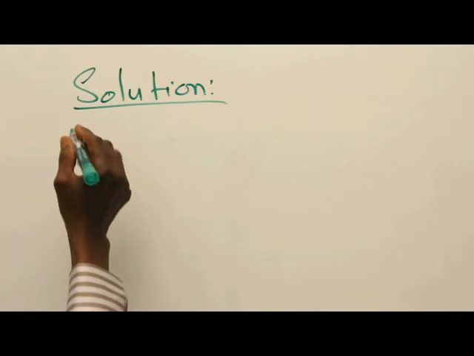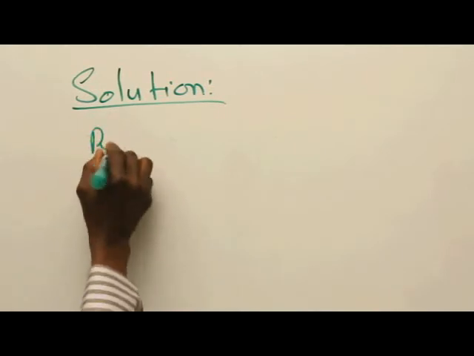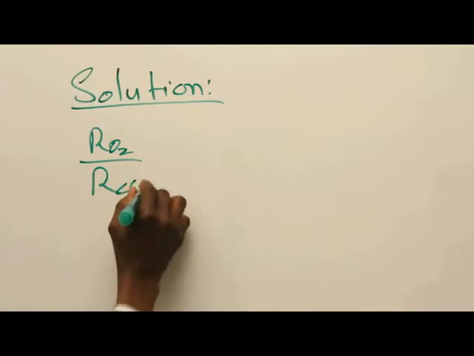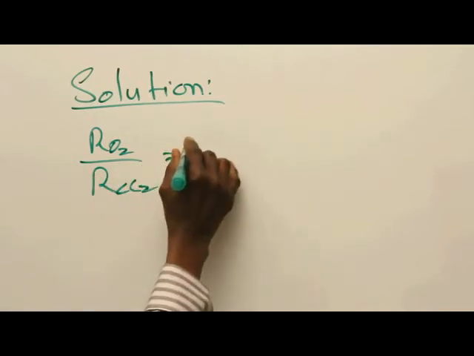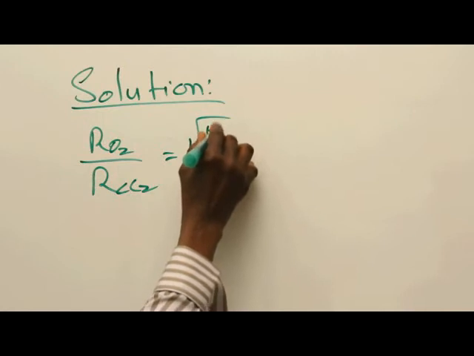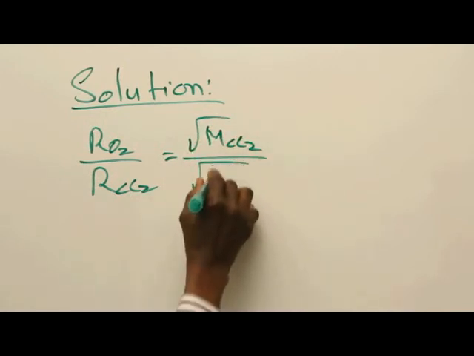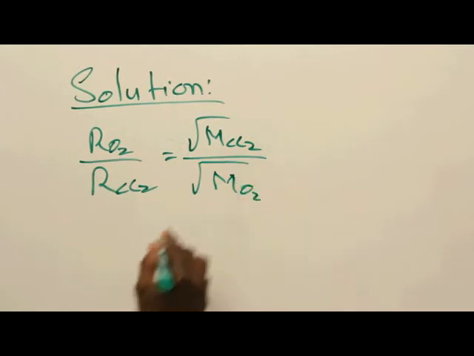Now, make use of the formula: rate of diffusion of oxygen divided by rate of diffusion of chlorine is equal to the square root of the molecular mass of chlorine divided by the square root of the molecular mass of oxygen.